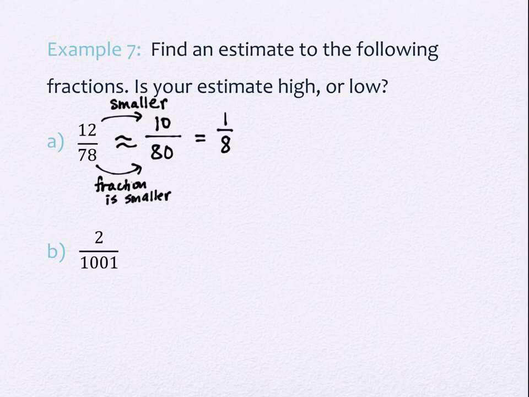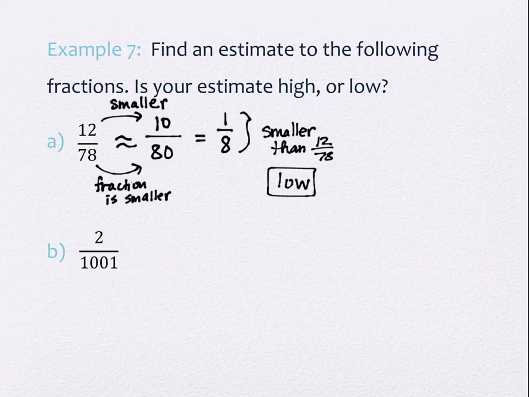So both the numerator becoming smaller and the denominator becoming bigger makes the fraction smaller than it was before. So this 1/8 is smaller than 12/78. Since it is smaller than 12/78, it is a low estimate. It is smaller or lower than the original value.